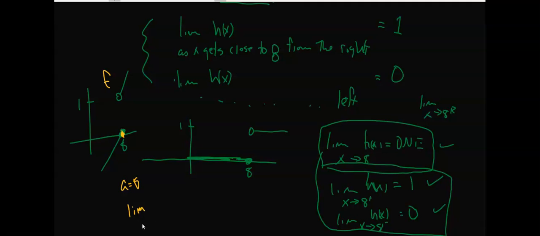So we're going to say as x approaches 8, but from the left, so we put the minus there. We're only talking about checking values from this side, not from over here, of f of x, equals, so what is it here?